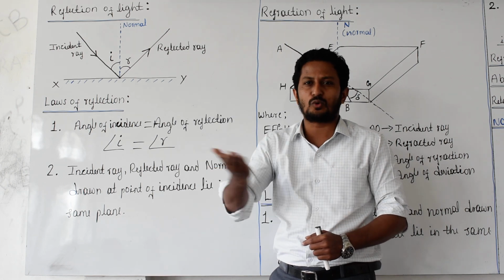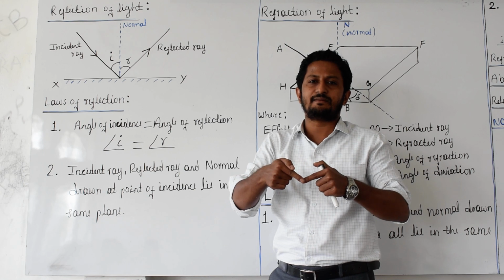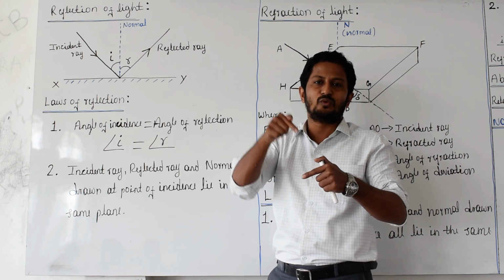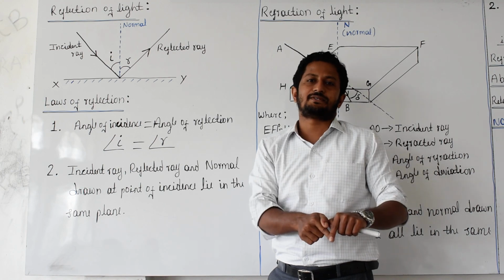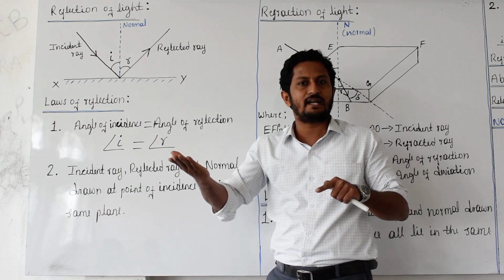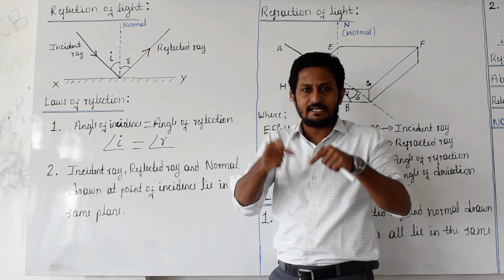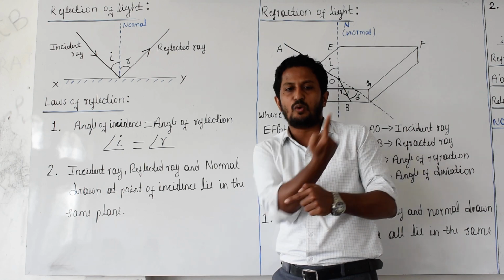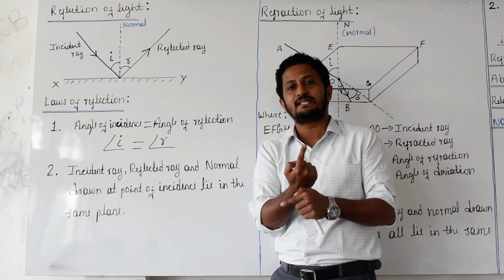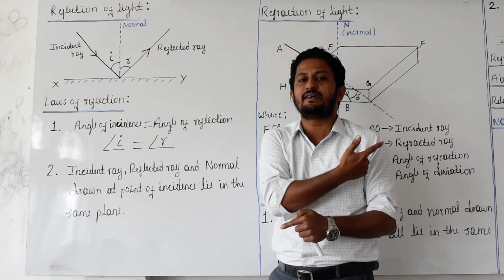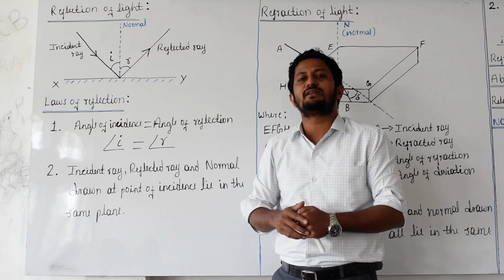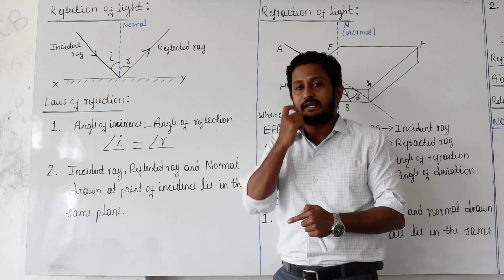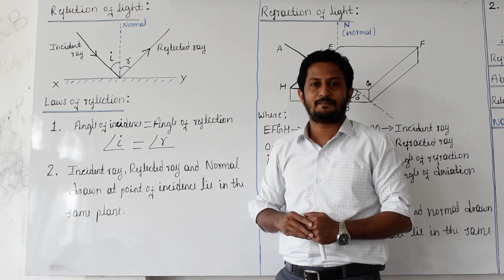Because of that coating, the medium does not allow the light ray to pass through it. Because of that painting, the medium bounces the light back into the same medium from where it came. This phenomenon we call reflection of light.